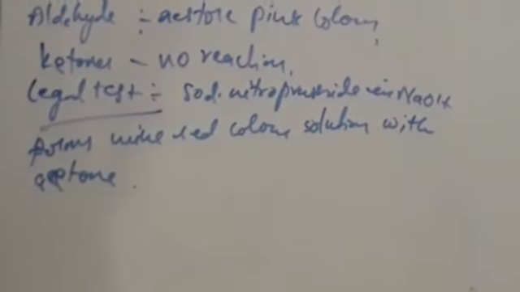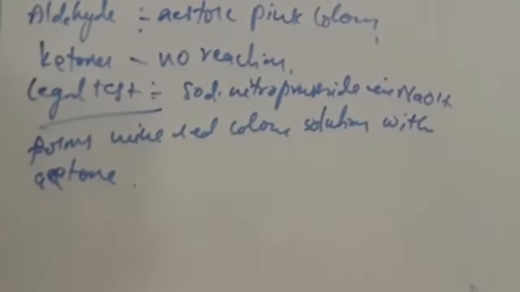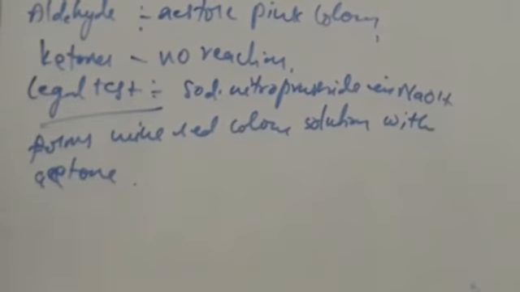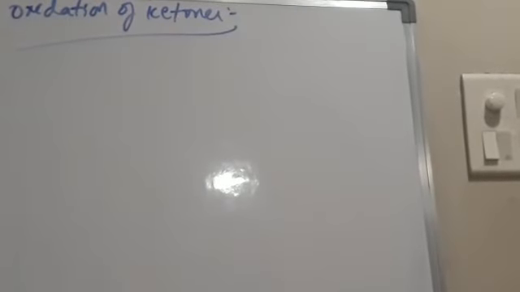Next, coming to oxidation of ketones. Ketones, for example acetone: when it undergoes oxidation in presence of concentrated nitric acid, we get a mixture of carboxylic acids, both formic acid and acetic acid.